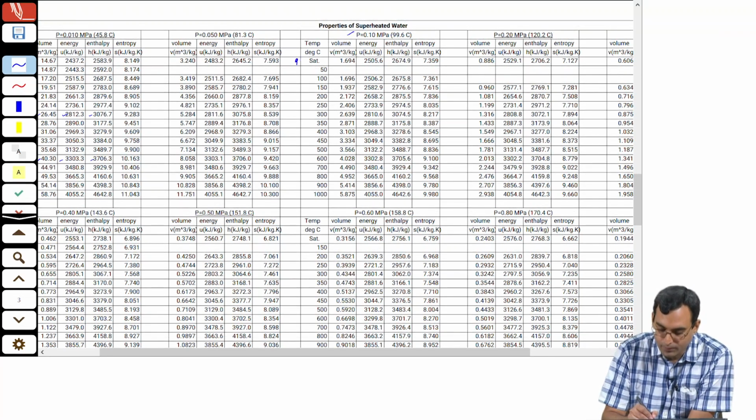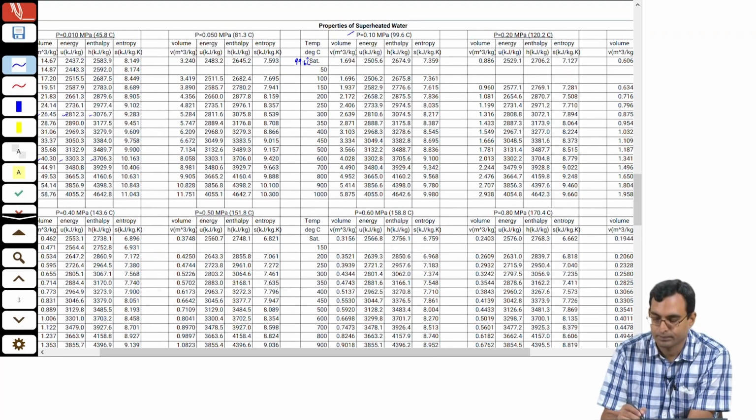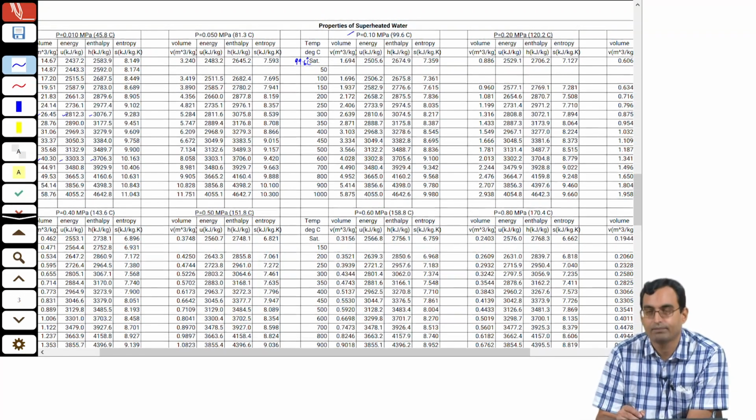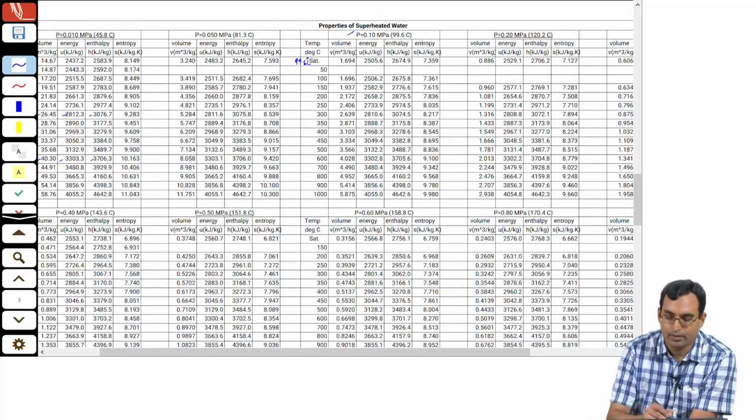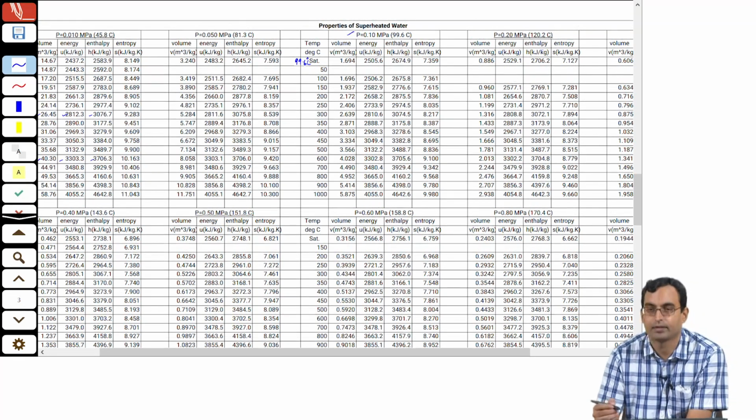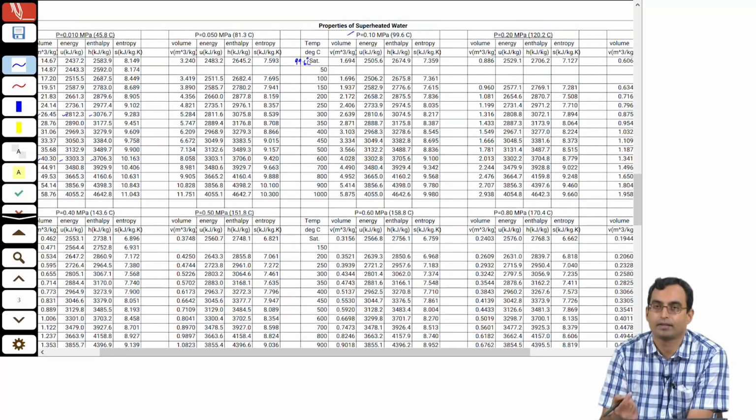So, at 99.6, which is the saturation temperature, the volume is 1.64694 meter cube per kg, which is also the same value which we saw from the saturated tables, because this has to correspond to the saturation condition. So, in all of these, the topmost value, which is saturation condition, is the same thing which you would have seen in the saturated table also.